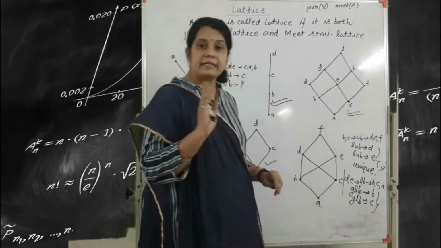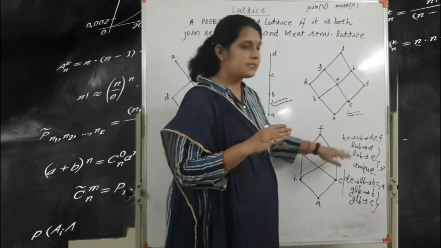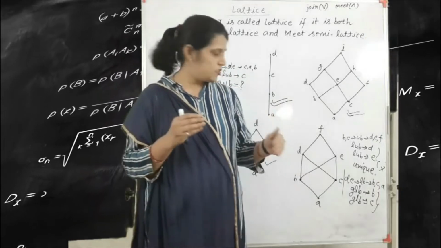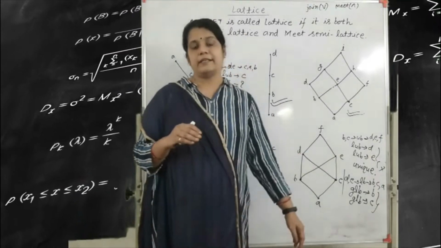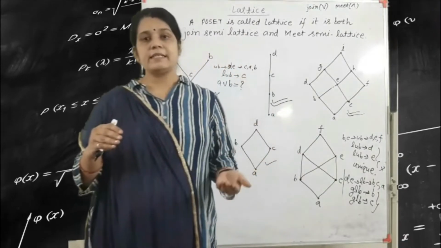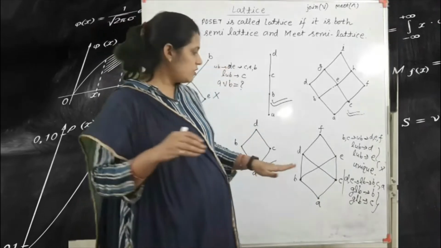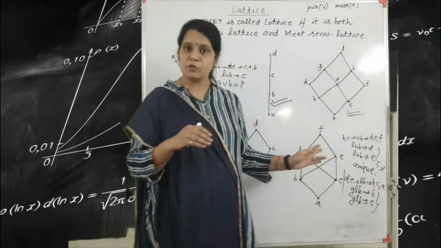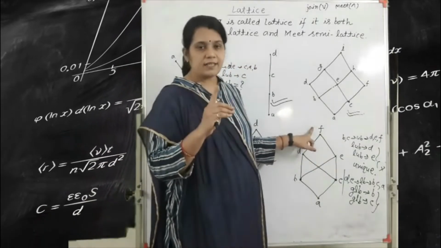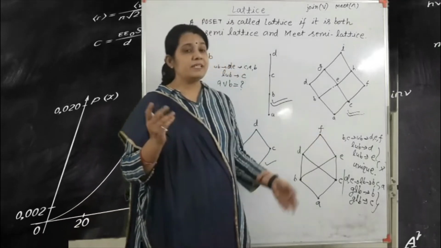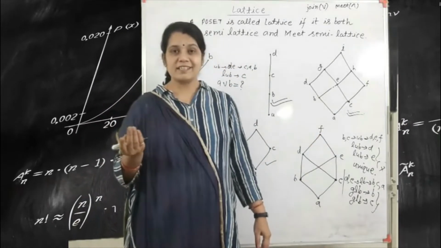That is because we are not given directly any relation between B and C, and for the upper bound we are not given directly any relation between D and E. We have already seen that the greatest lower bound and least upper bound are always unique. So in this Hasse diagram, no doubt there is one single top and one single bottom, but every pair of elements must have a unique least upper bound and greatest lower bound.